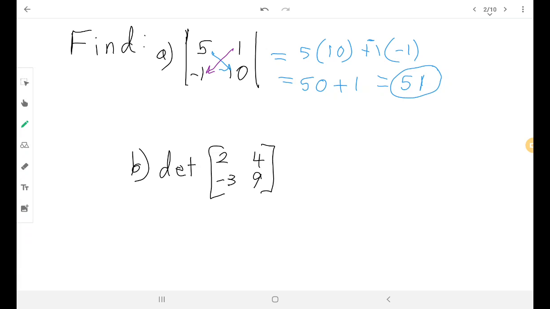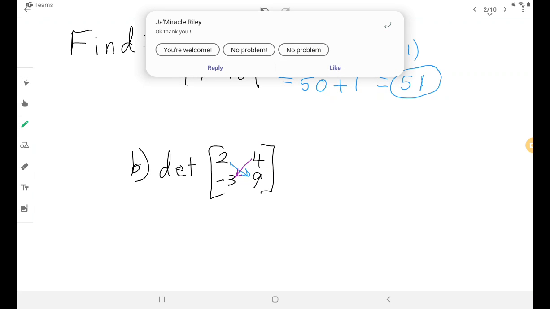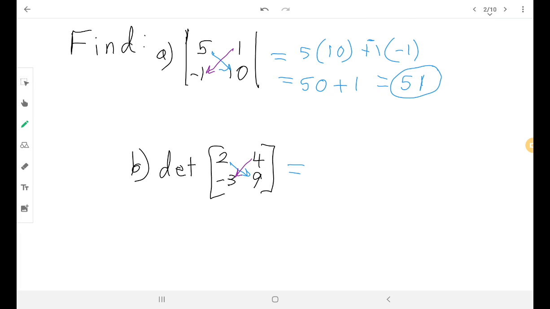Let's do the next one. Same thing. Multiply the diagonals. That one first. This one second. And then subtract them. So 2 times 9 minus 4 times -3.